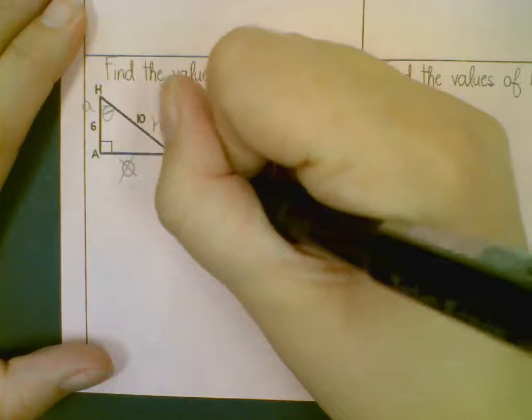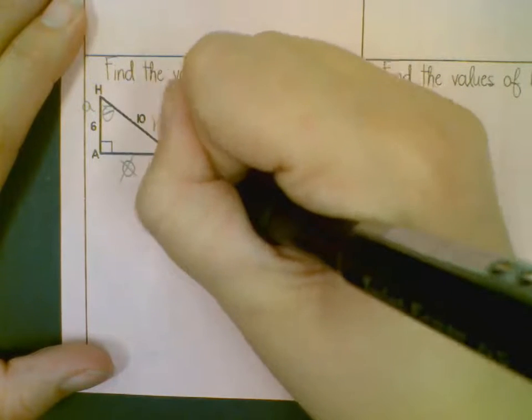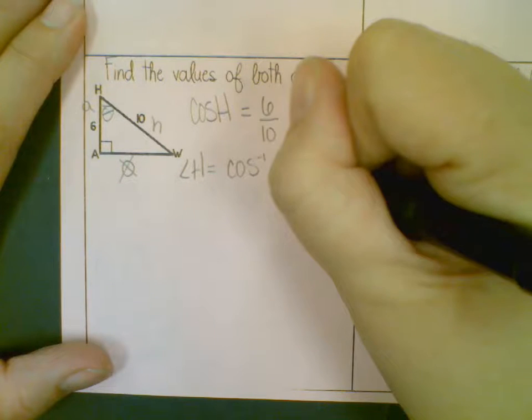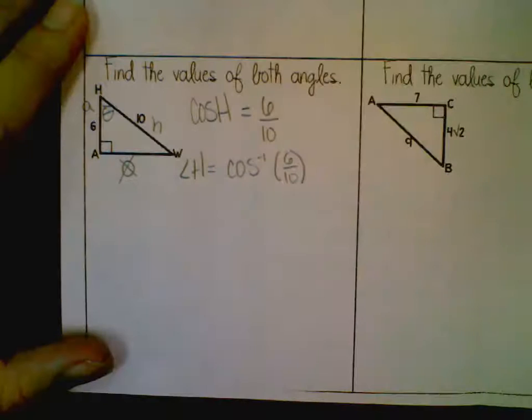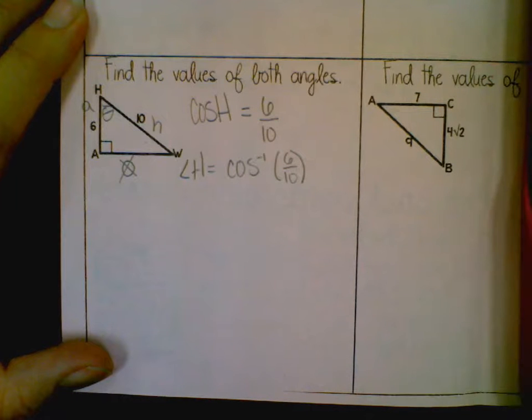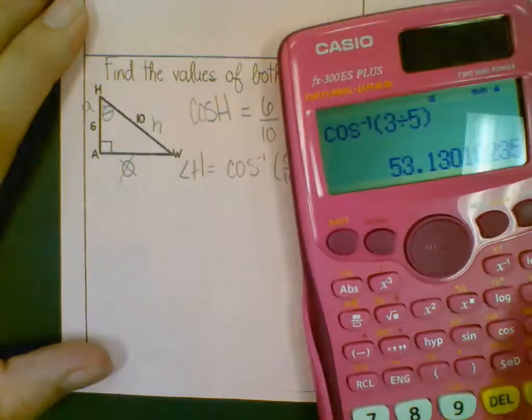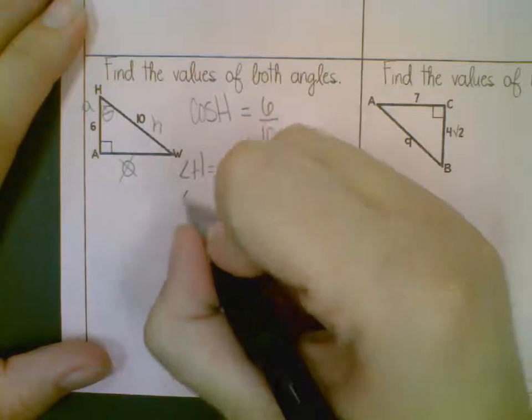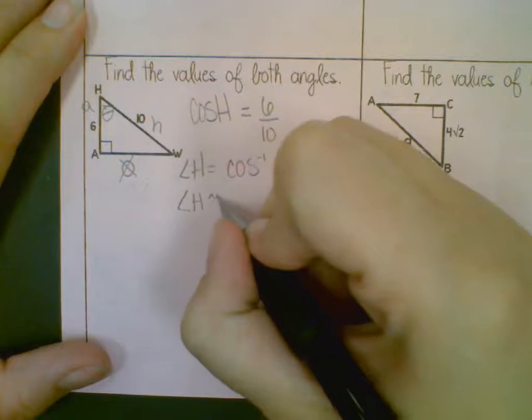So we take the cosine inverse of both sides, we get that angle H is equal to cosine inverse of 6 over 10. Or if we could reduce that, what would it be reduced? Very good, 3/5. So we type that in our calculator, we get that angle H is 53.13 degrees, approximately.